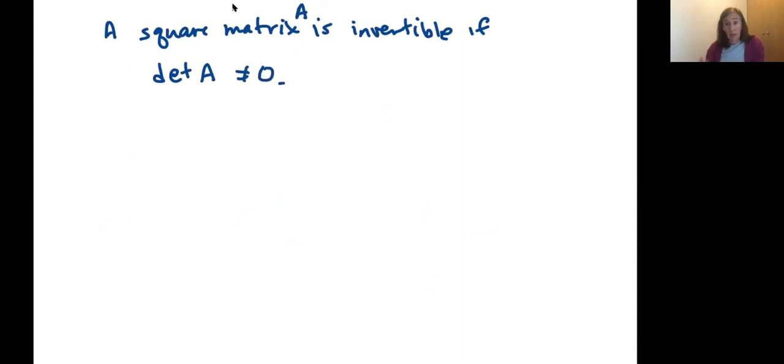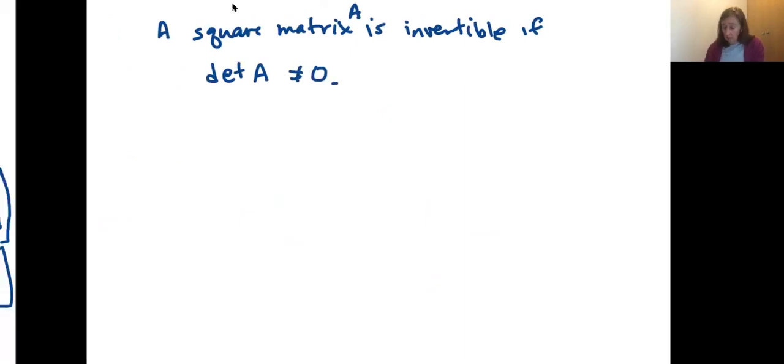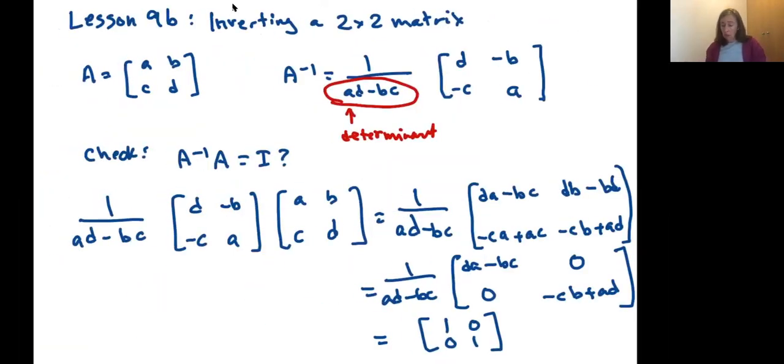Okay, so that's a separate point. Let me go back to what we were doing before, and you can see that if this determinant was 0, that would be bad news. We wouldn't be able to put it in the denominator. We couldn't calculate it. The determinants of larger matrices come from a more complicated formula, but it's still true that if they equal 0, you can't calculate the inverse. It means that matrix doesn't have an inverse.